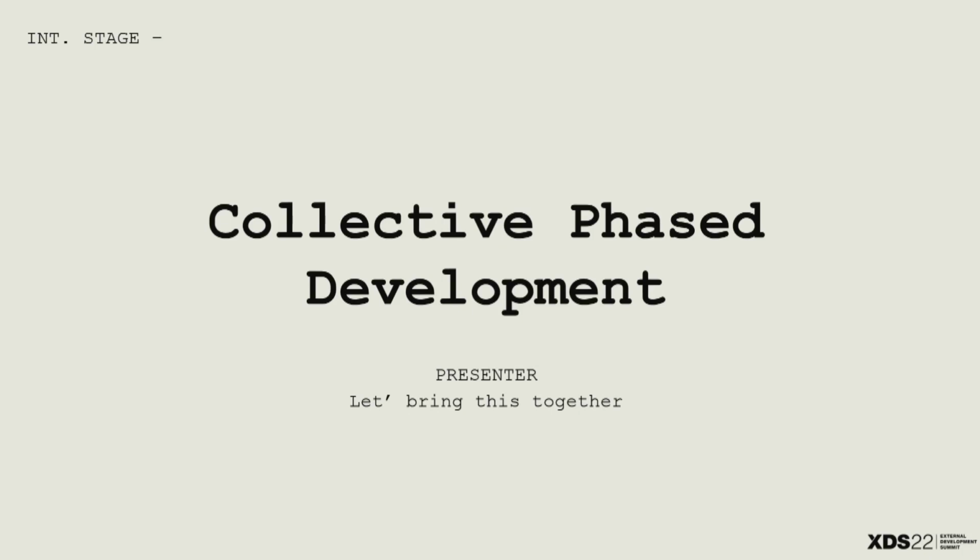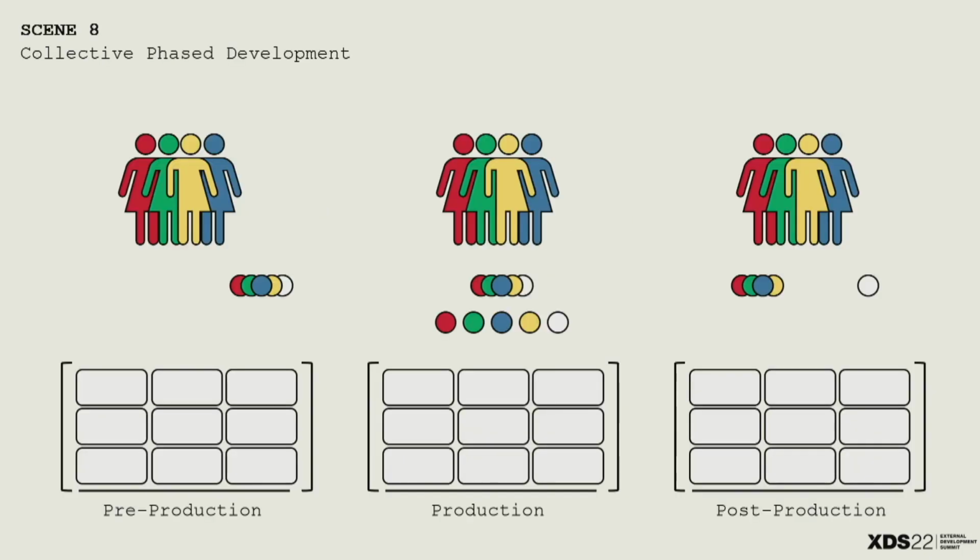So collective phased development. Let's bring everything back together. When we do, what we see is that in pre-production, the studio developing the core of the game take up the first 2 phases. Then in phase 3 of pre-production, we bring in the partner, the primary partner. So they're there at the foundations.